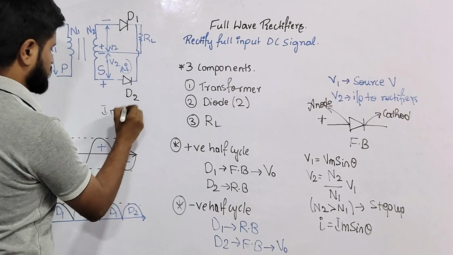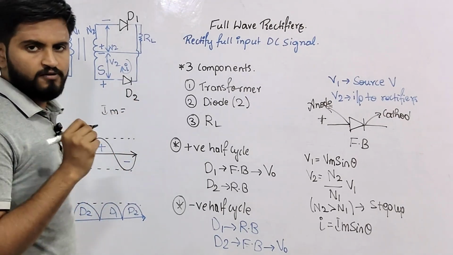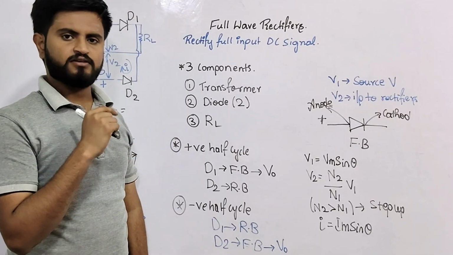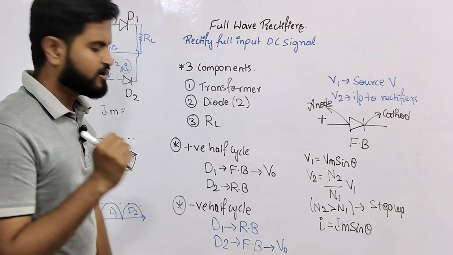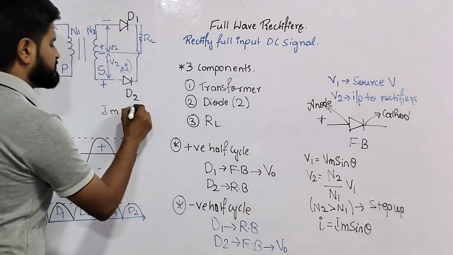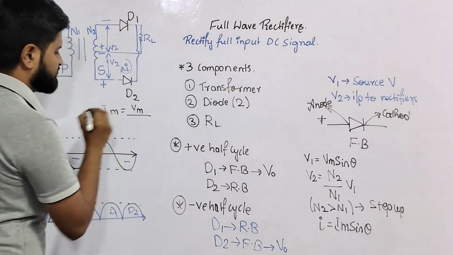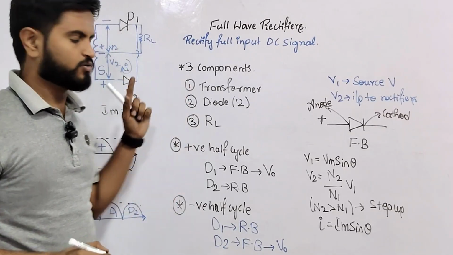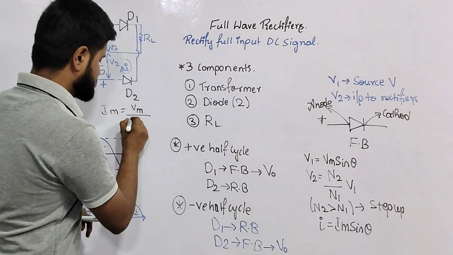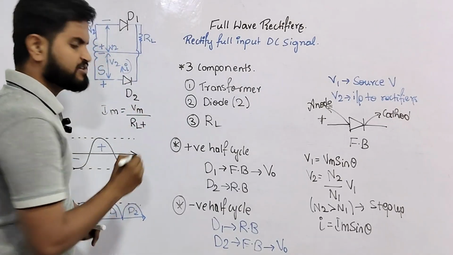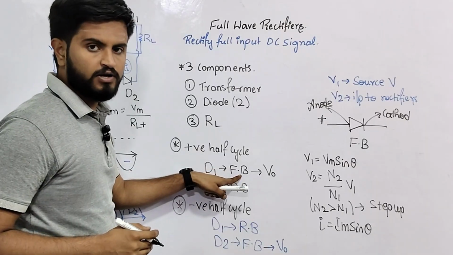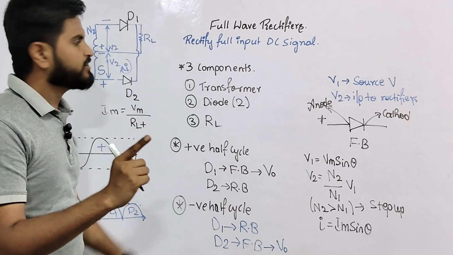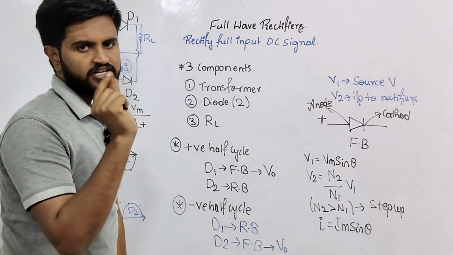Im will be equal to, we know Ohm's law, V is equal to IR. But here I need the current, so I is equal to V divided by R. Here the voltage will be V maximum because I am finding the maximum current. So Vm divided by the total resistance in the circuit. Here I have the load resistance RL plus, because of the forward biasing of the diode, current was generated. If current is generated, this diode will offer some resistance.